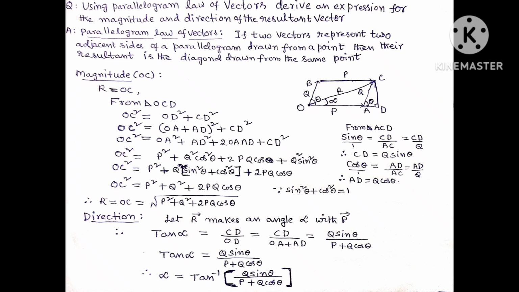First, we write the statement for parallelogram law of vectors. If two vectors represent two adjacent sides of a parallelogram drawn from a point, then their resultant is the diagonal drawn from the same point.